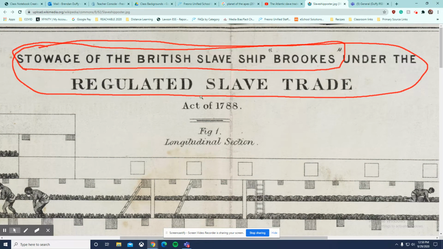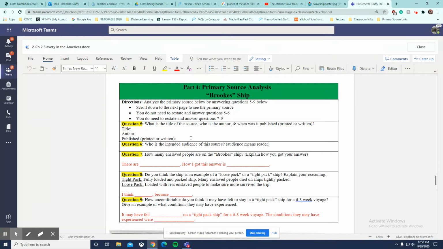You can see this year right here, because it's talking about an act, which is a law that's passed. Notice how it says under the regulated slave trade. This means the legal slave trade at this time, and this is based on the Act of 1788. So published would be 1788.